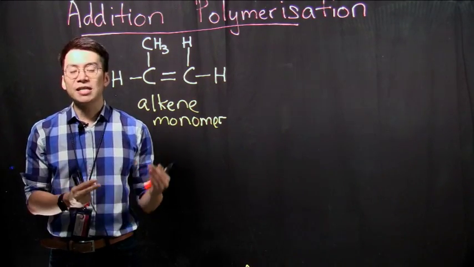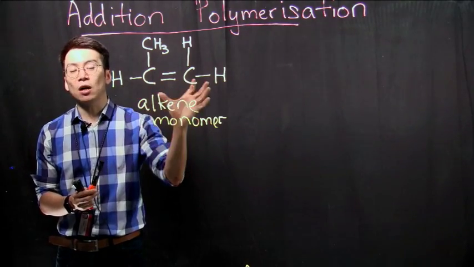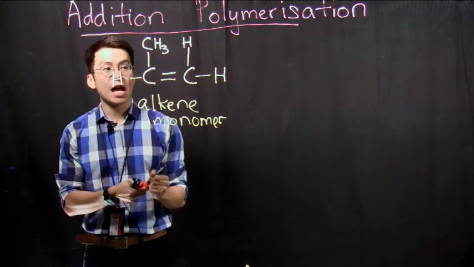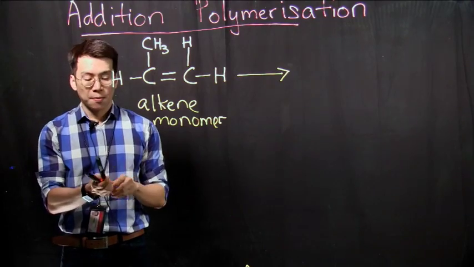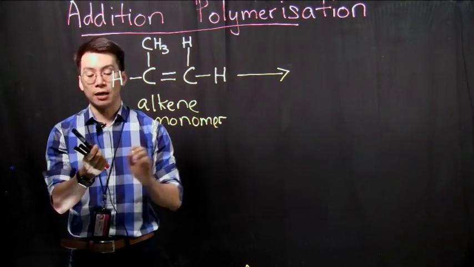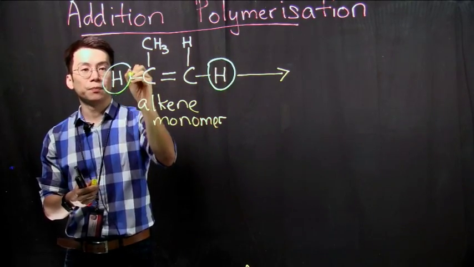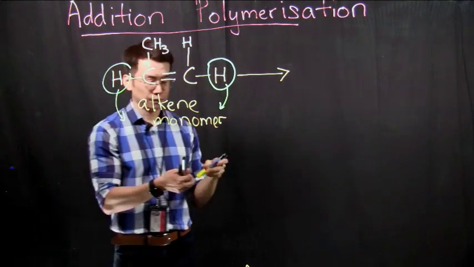The first step: this is one monomer, right? If I have many of them and join them together, what should we do? The first step is we make sure that on the left and on the right, there is nothing surrounding it. So we push these two groups down.